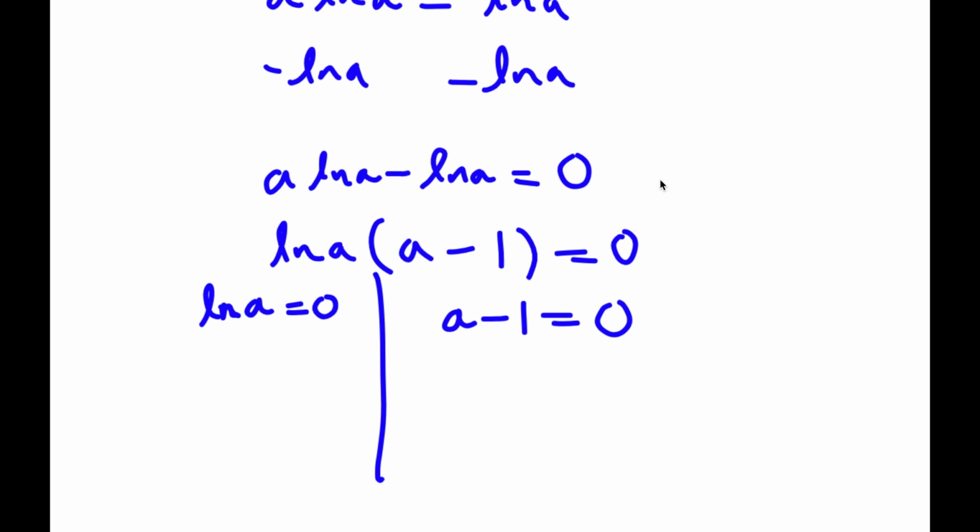So for a minus 1 equals 0, all I have to do is add 1 on both sides, and I get a is equal to 1.